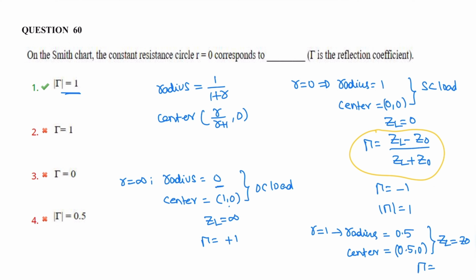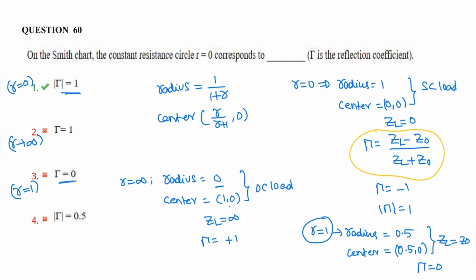This is the case of constant resistance circle r is equal to 1, for which reflection is 0. Next, if small r is infinity, mod gamma is 1. If small r is 0, then mod gamma value is 1 and gamma is minus 1. These are the three different cases.